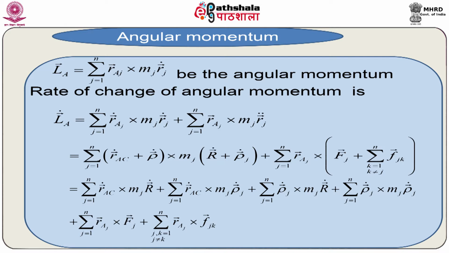So, splitting this term into 2 terms here, we get this one, combining this one and this one, we get this one. Here we have used Newton's third law, which gives fkj vector equal to minus fjk vector.